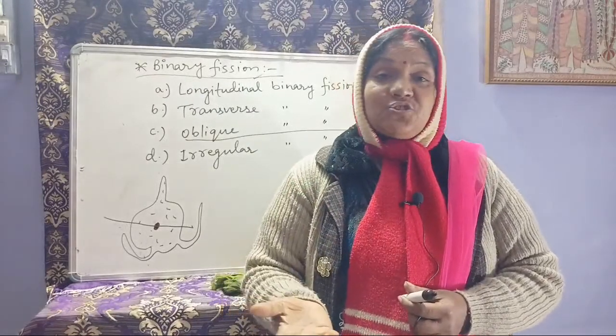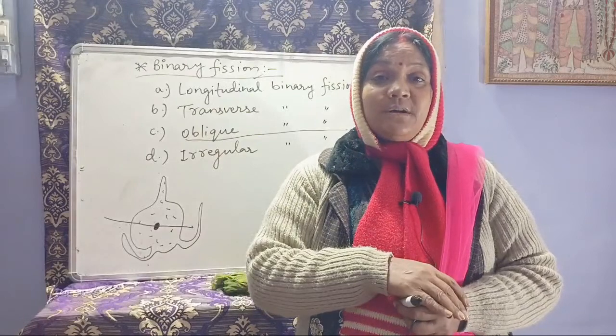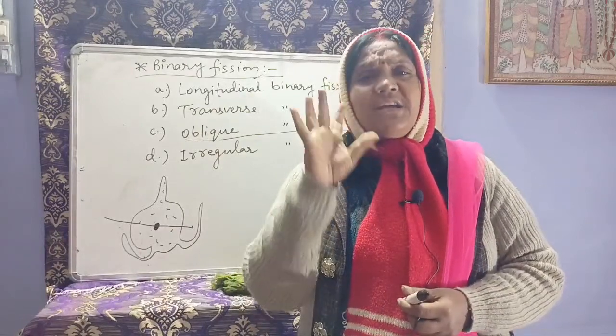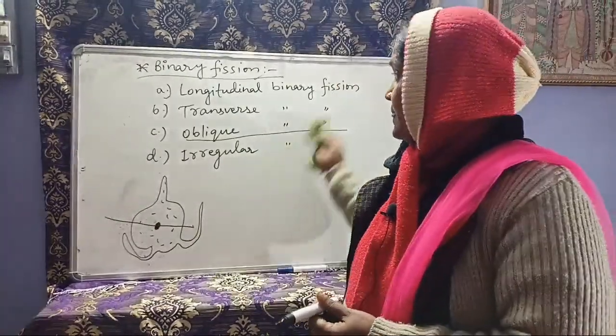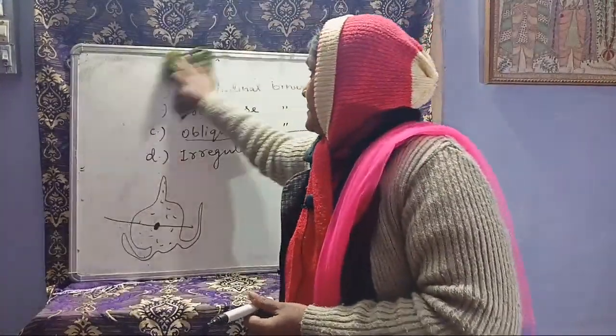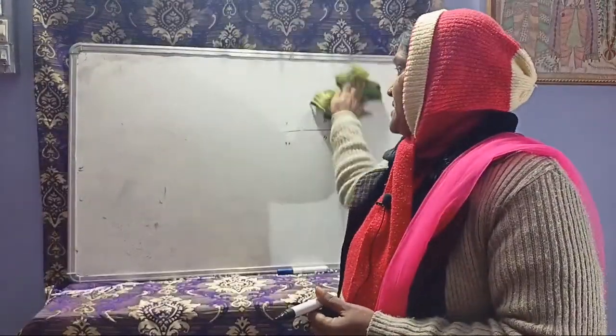And in irregular binary fission, the unicellular organism divides through any axis, like in amoeba.